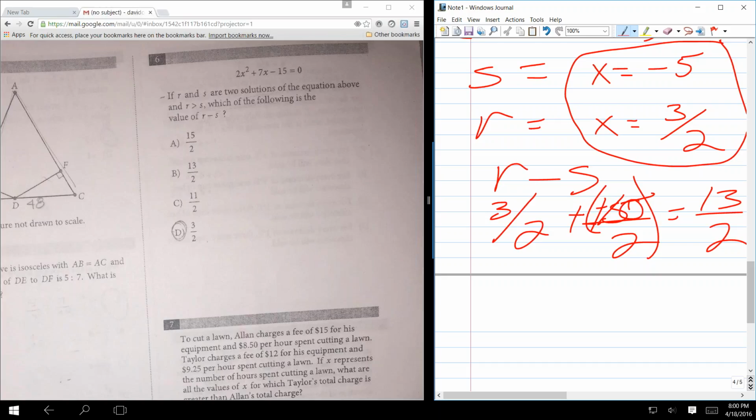In other words, it gives you a chance to catch yourself. You know what I'm saying? I came up with minus 3.5. That wasn't on there, so gosh, I better rethink my problem. And you solved it. The problem I made was I did minus instead of minus a minus.